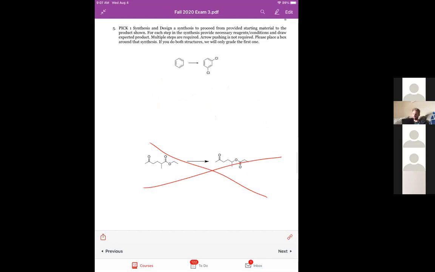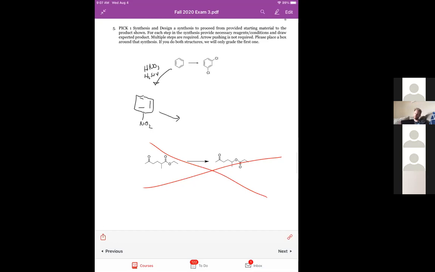So if I add in HNO3, H2SO4, I can add a nitro group. It is a group 6, it's a meta director.